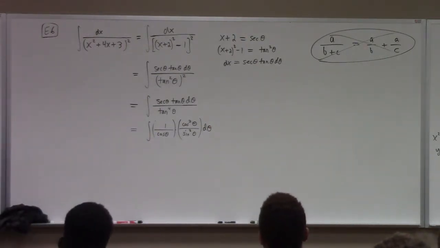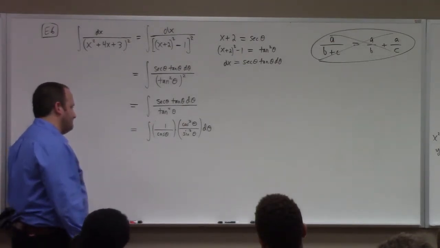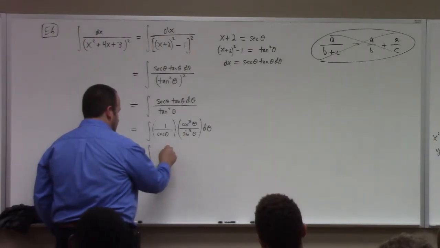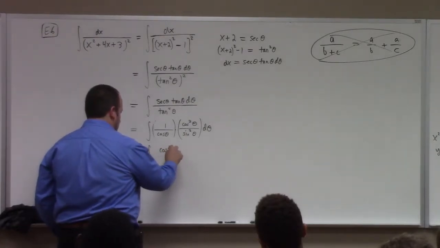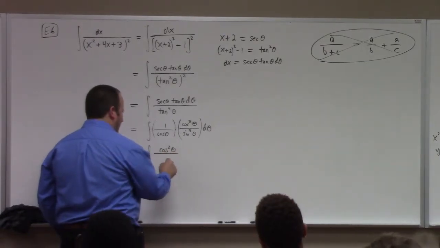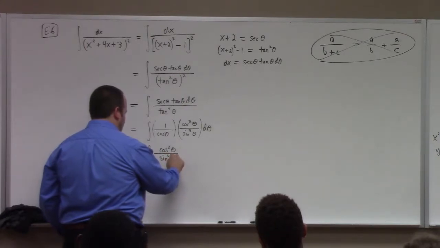May or may not be helpful. What do we got here? Cosine squared theta divided by sine cubed theta.